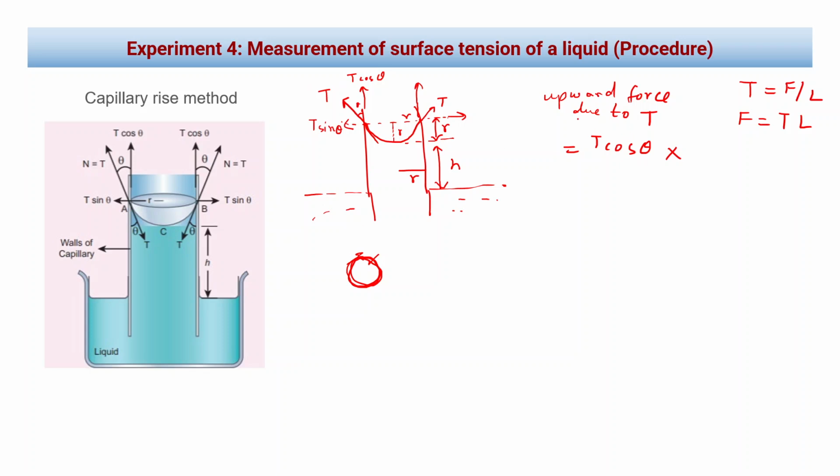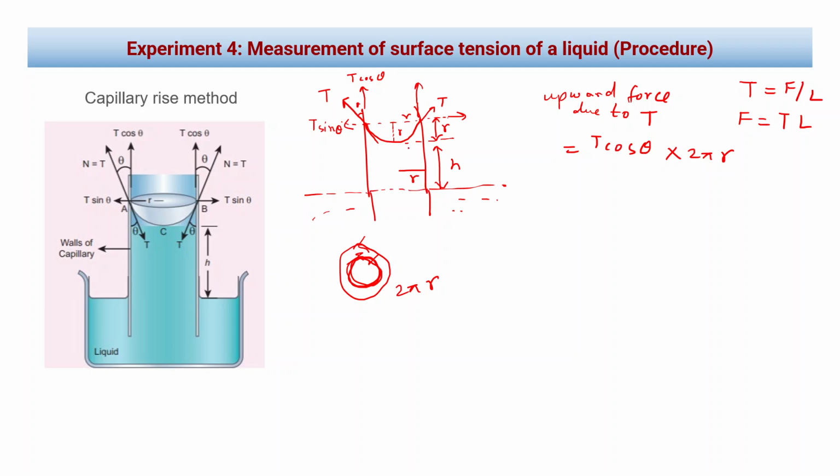So basically the length at which it's acting is this whole perimeter of this circle, which is 2 pi r. So the length here is 2 pi r. So upward force is given by this.